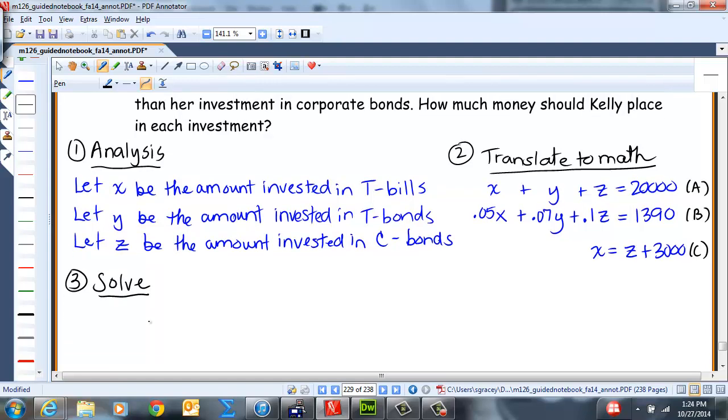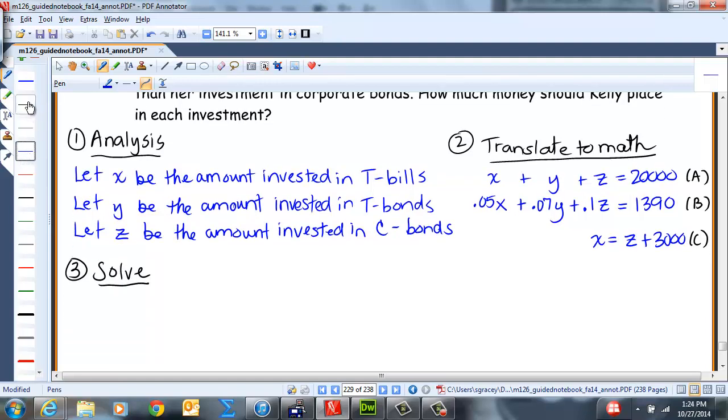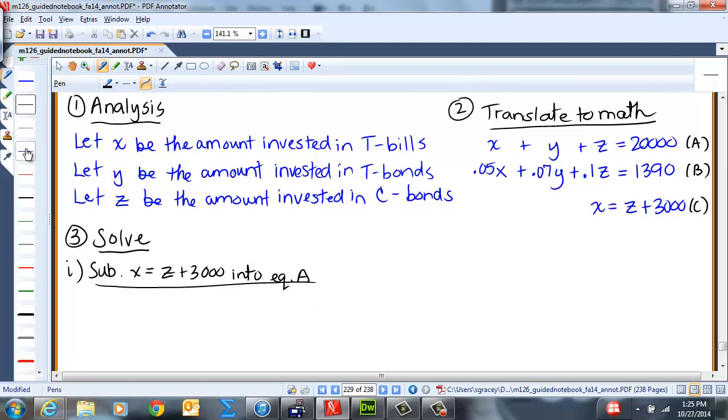So when we solve, the first step is to substitute x equal to z plus 3,000 into equation A. So equation A was x plus y plus z is equal to 20,000. Plugging in z plus 3,000 for x, we'll have this.